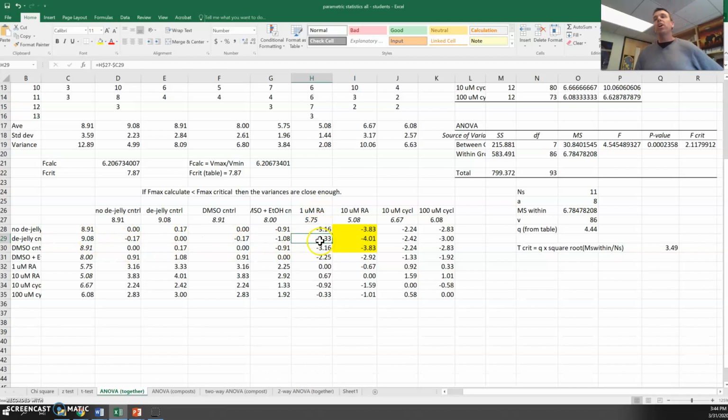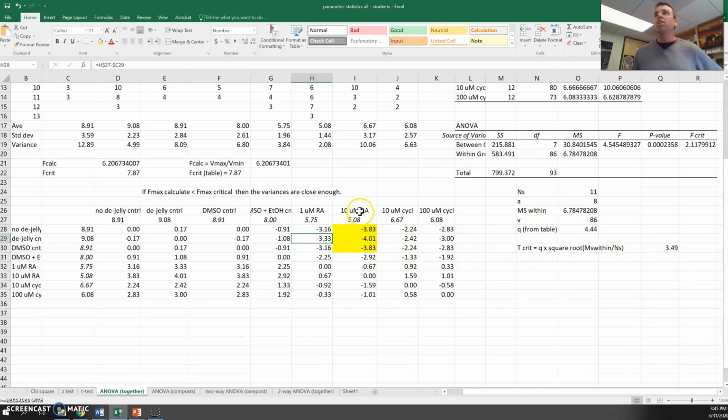You don't have to worry about the negatives. Remember, it's the absolute difference. So this would still be just a difference of 3.33. In other words, all three of these, negative 3.83, negative 4, negative 3.83, I've highlighted them because those are the ones that are significantly different. My values here came above the minimum Tcritical. Therefore, these are significantly different.